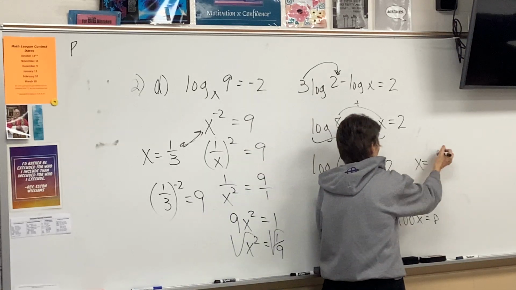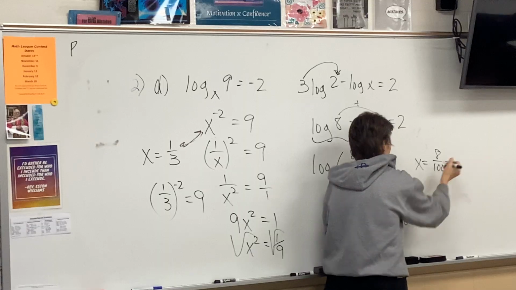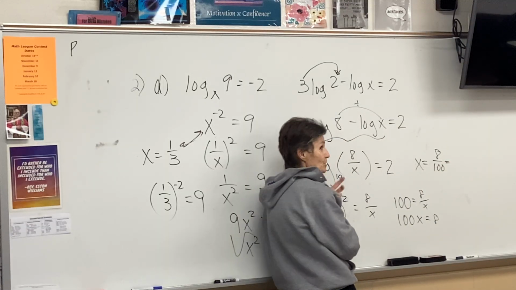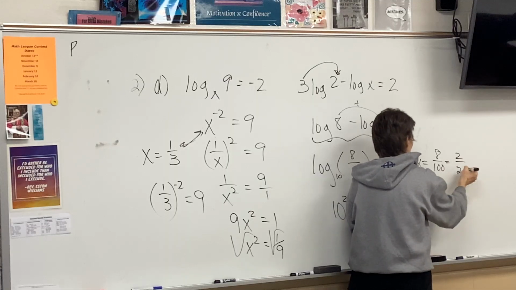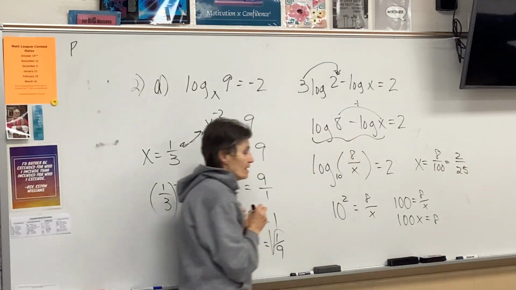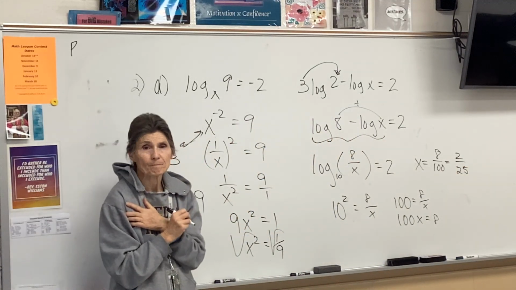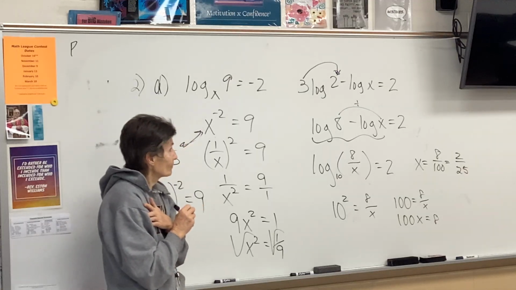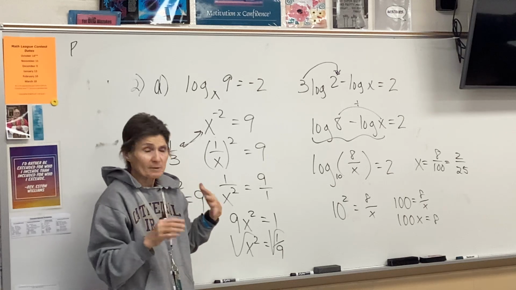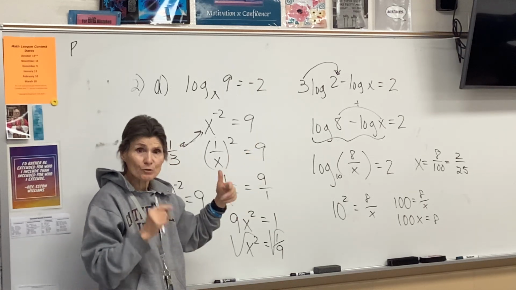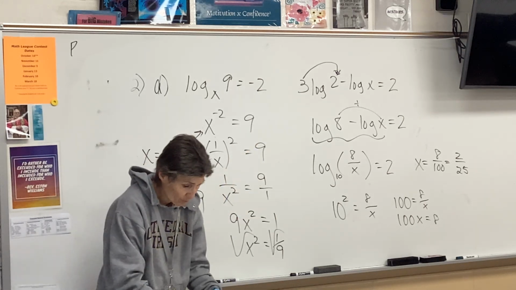And x equals 8 over 100, which reduces to 2 over 25. And there is your answer. There's a lot going on in that problem. It's easy. There's a lot going on. Make sure you can go through those steps on your own.